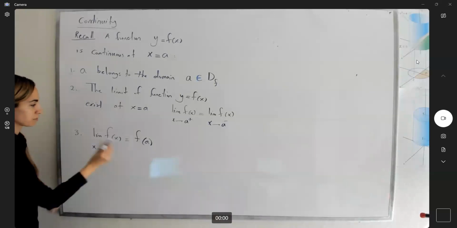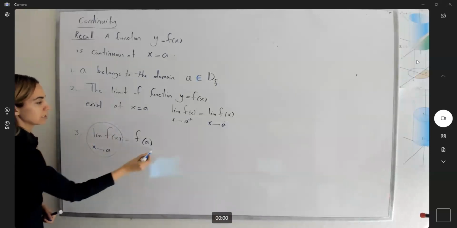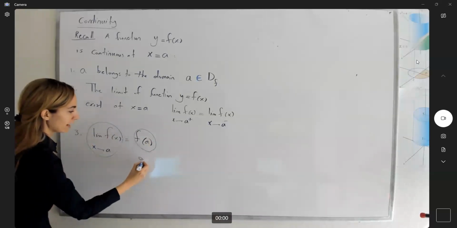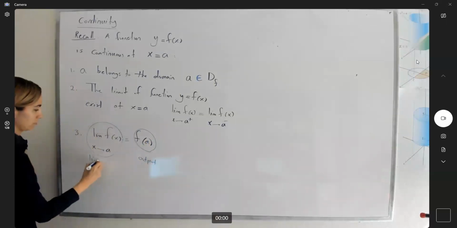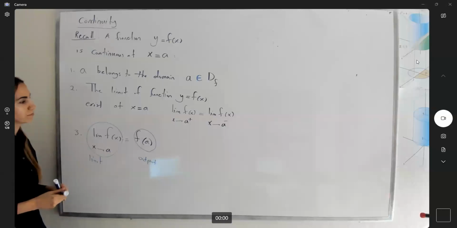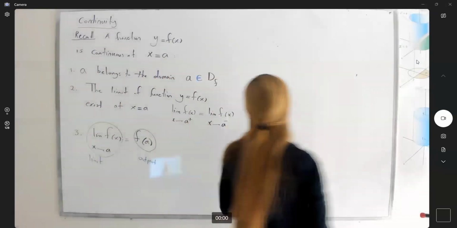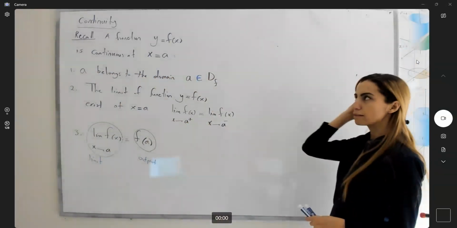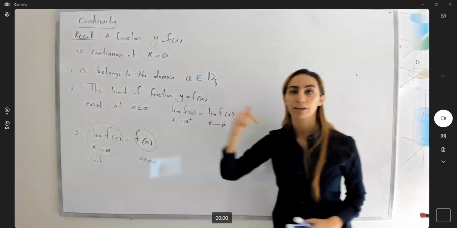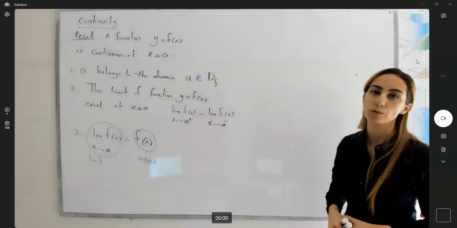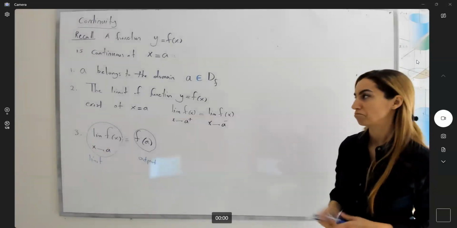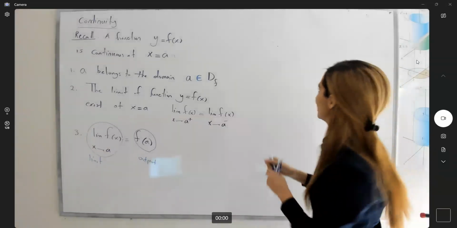So the limit is equal to the output value. Very good. So I expect you to ask, this is a function in one free variable. If we have a function in 2 free variables, what is the case? Exactly the same.